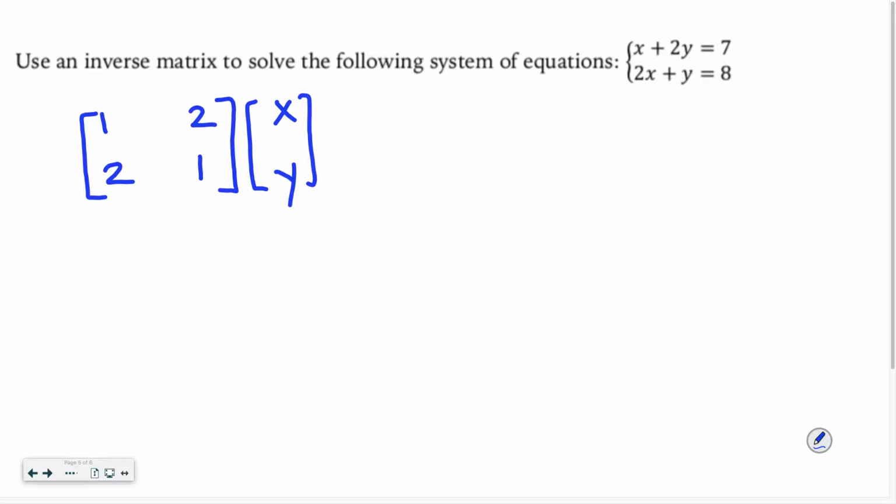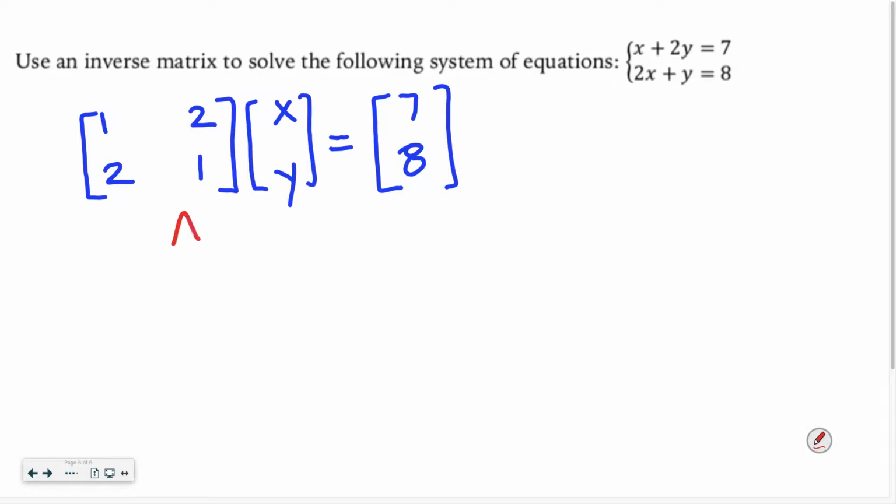Okay? Sorry. These need to equal the 7 and the 8. Is that better, Katie? Okay, so we have a matrix equation. Now, I'm going to go ahead and give these matrices names.